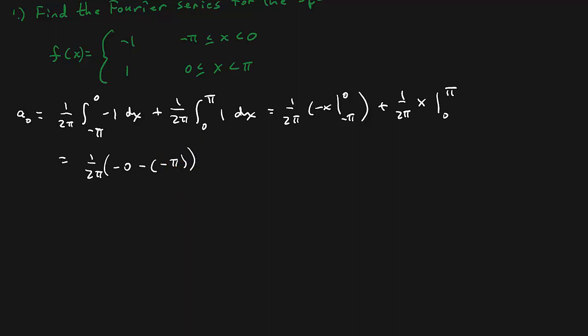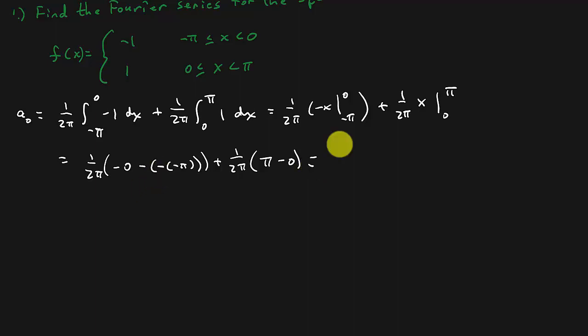Well, I'm sorry, that's not what it's going to be. I'm going to write it all out. It's going to be negative negative pi. We plug the negative pi in for x, so that's a negative negative, and then plus 1 over 2 pi times pi minus 0.